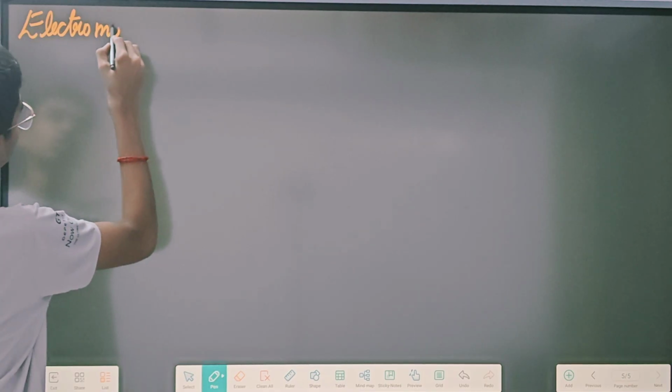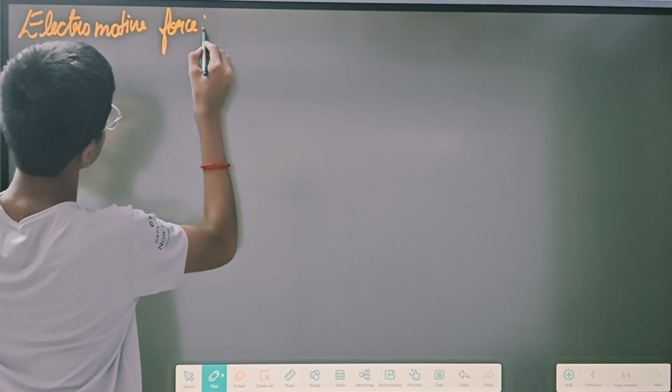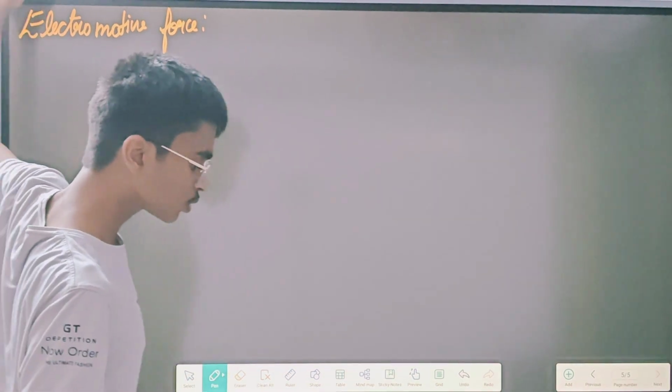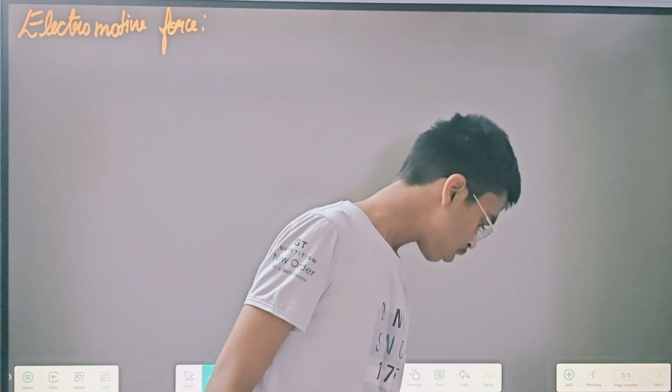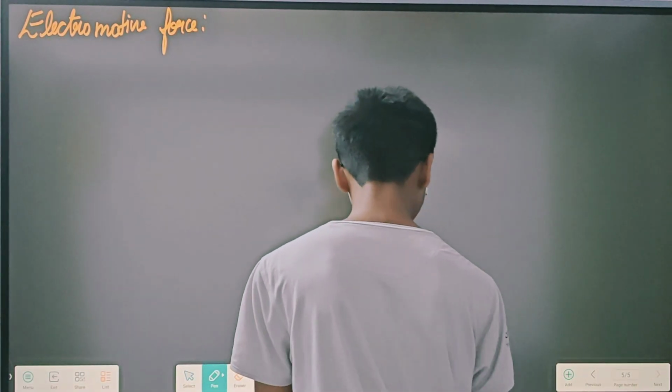Electromotive force is the amount of work done used to make the electron move from one end to another end of the conductor. Okay, that is what is known as EMF. The amount of work done.